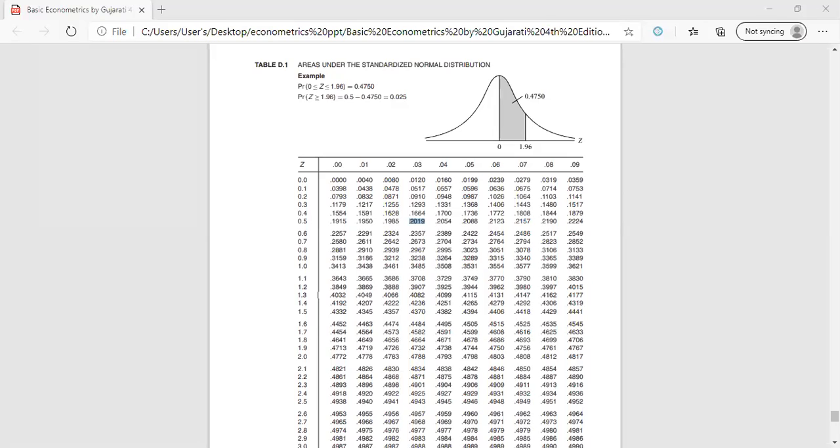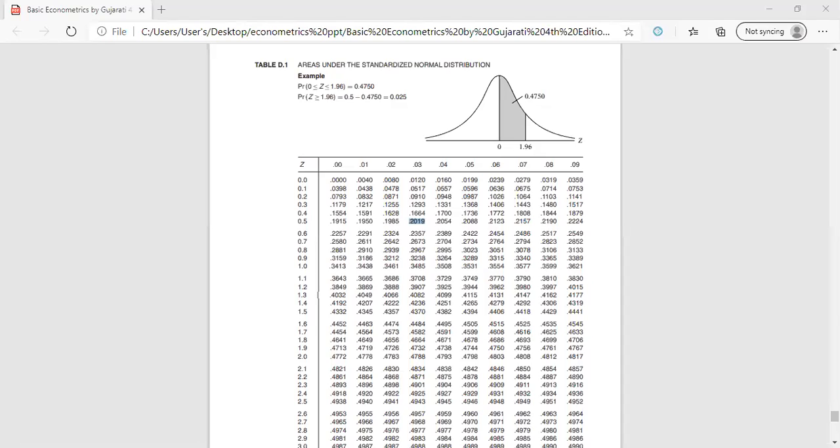0.1977, what does it mean? Look at the question. Will he be admitted to this university? 0.197, what does it mean? Did you read the question? Professor, can you show the question again?